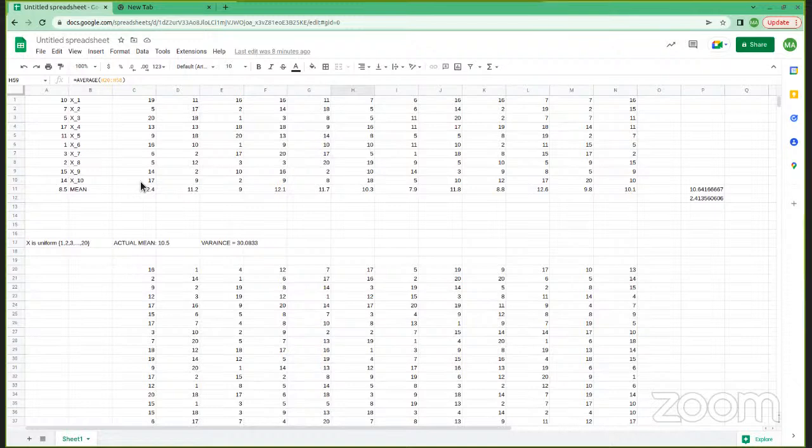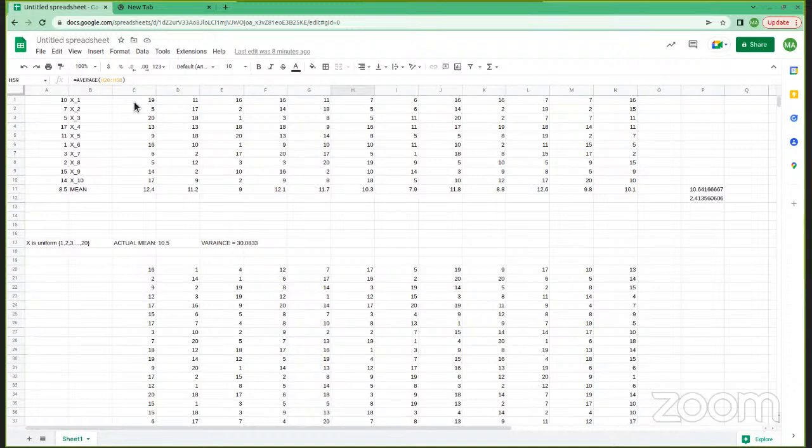Each xi has a variance of 30 point something. If there are 10 samples, so 10 uniformly distributed random variables, identical and independent, I can just add them.